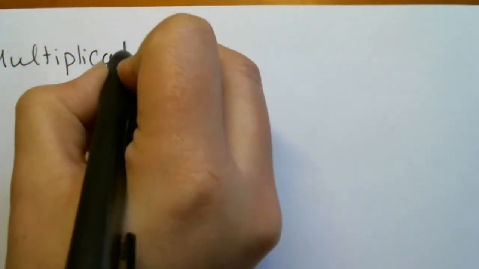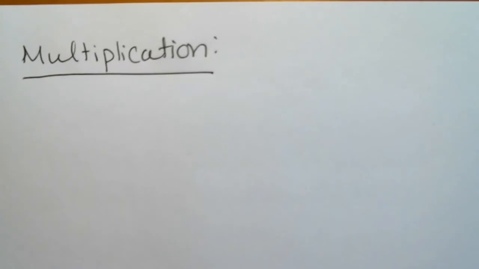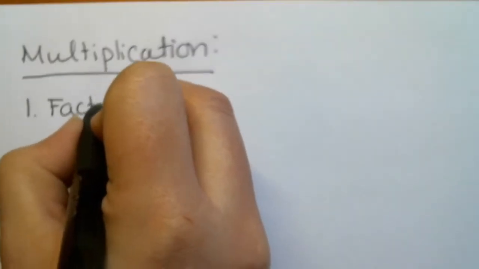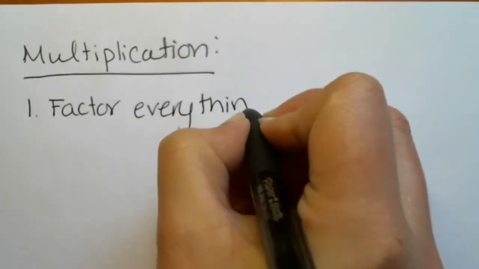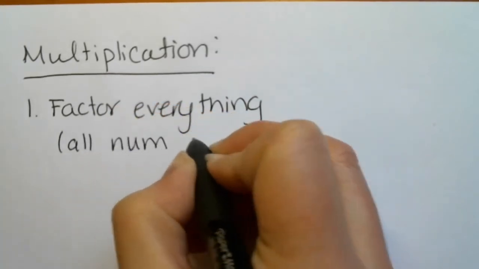Okay. Now let's talk about multiplication. For multiplication, the first thing you want to do, again, is factor everything. I mean all numerators and denominators.